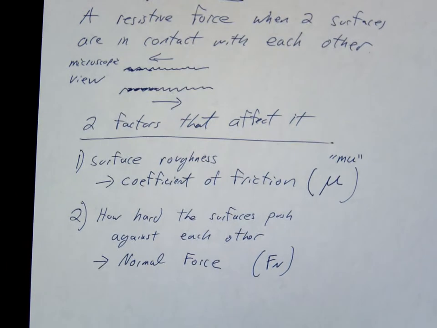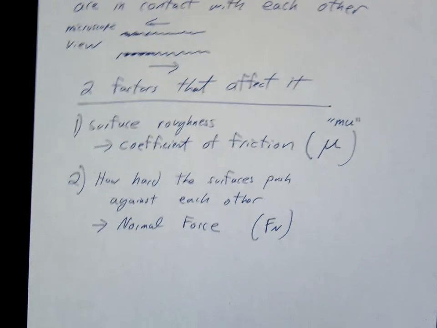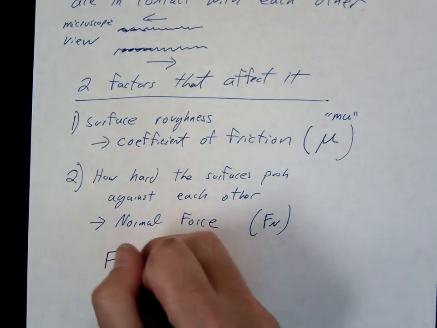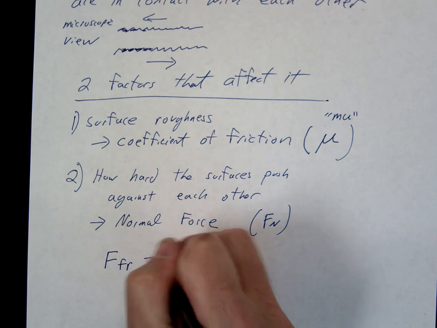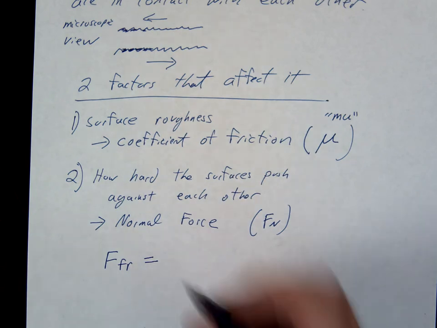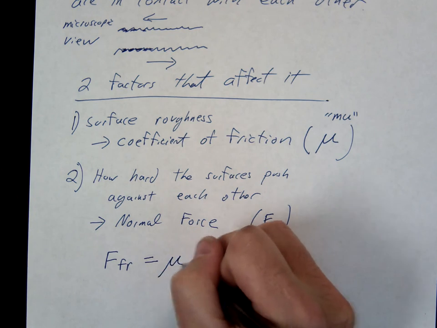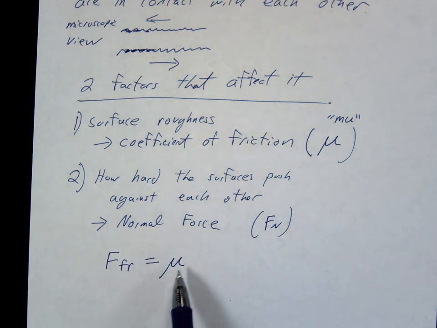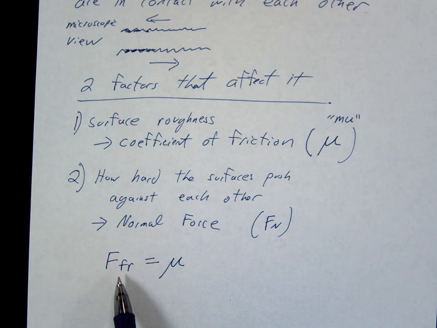So let's derive the equation for friction. It should be pretty straightforward. Force of friction is equal to, well, if a surface is rougher, what happens to the friction? It increases, right? That's a nice direct relationship. So if mu doubles, what happens to friction? It doubles.